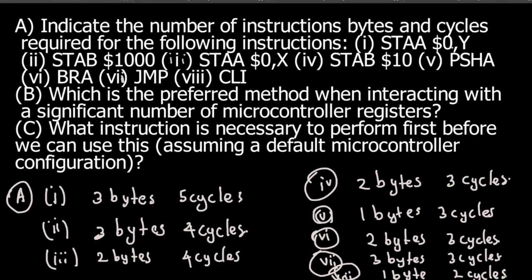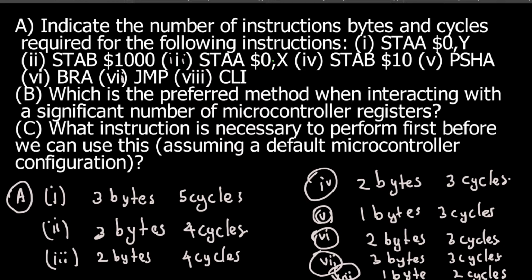Okay, that is it for the A part. And the B part is asking which is the preferred method when interacting with a significant number of microcontroller registers. When you have multiple microcontroller registers, it's better to use the indexed method, because with the indexed method you can point to whichever index register you are using. For example, here we have the indexed addressing method used in 1 and 3.